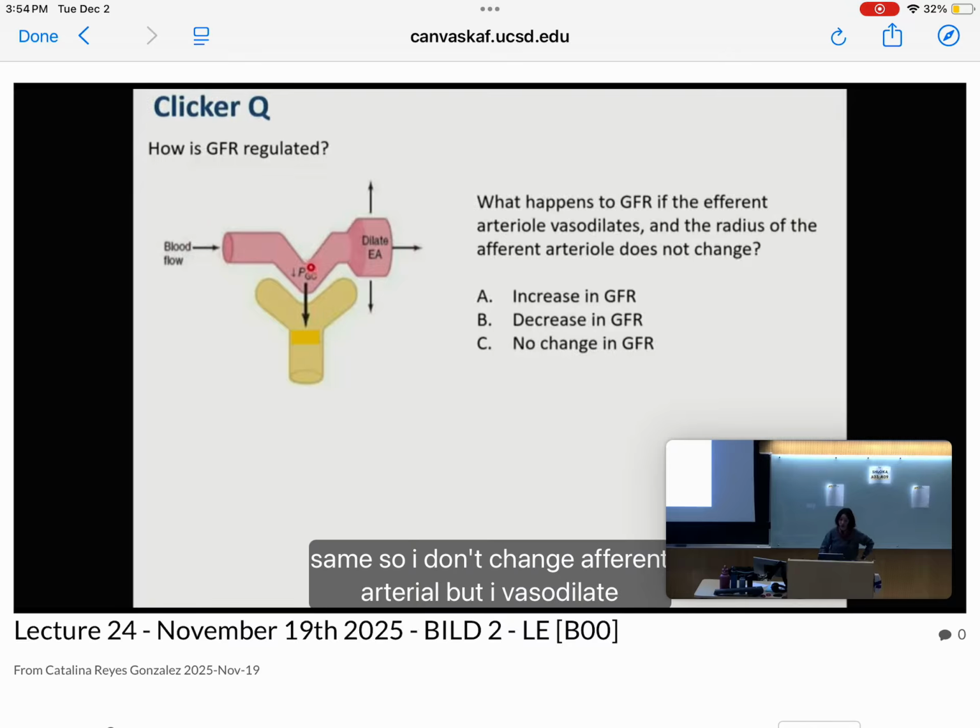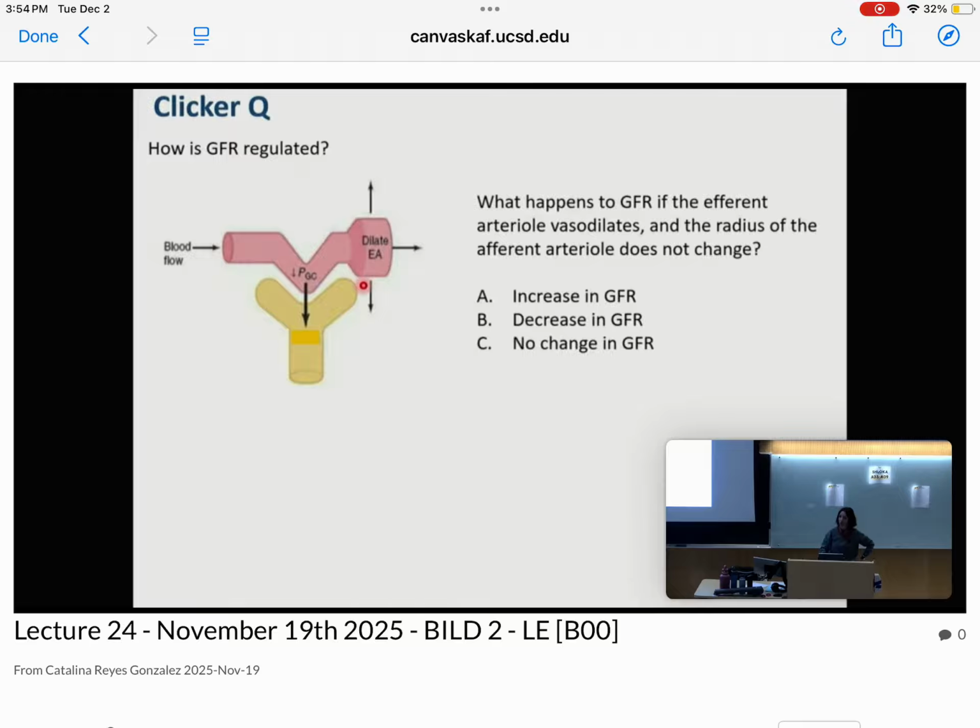What about if I keep the afferent arteriole radius the same, so I don't change the afferent arteriole, but I vasodilate the efferent arteriole? What do you guys think would happen to the GFR? Increase, decrease, or not change? What's that? You think no change? Anybody else? So let's think about what's going on here. I'm bringing the same amount of blood into the glomerulus, but more is leaving.